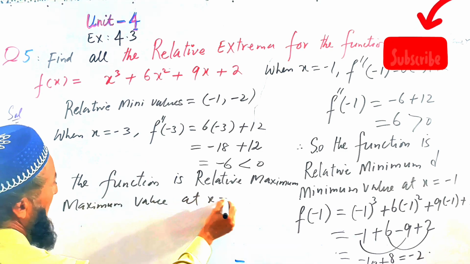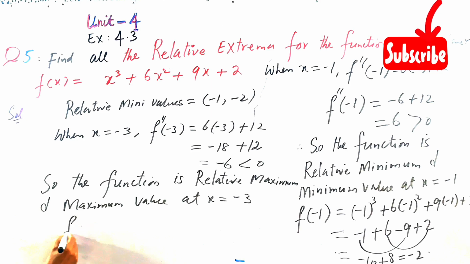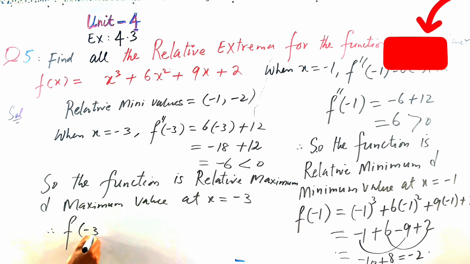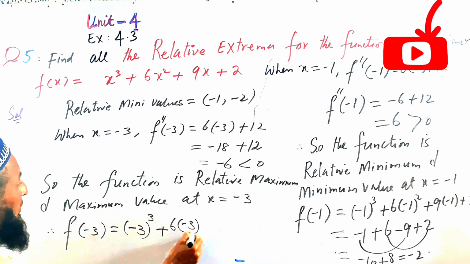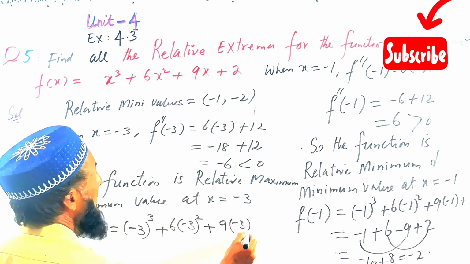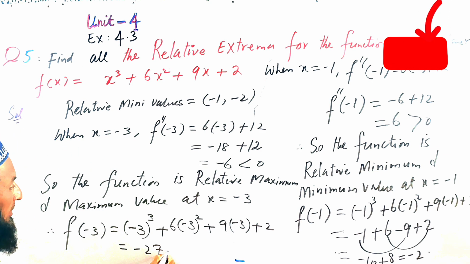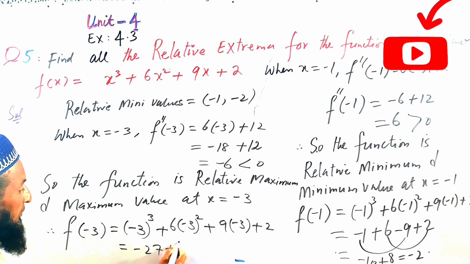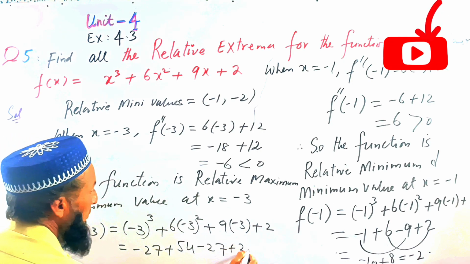f(-3) = (-3)³ + 6(-3)² + 9(-3) + 2 = -27 + 54 - 27 + 2.